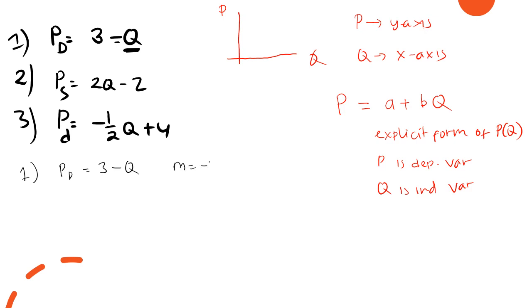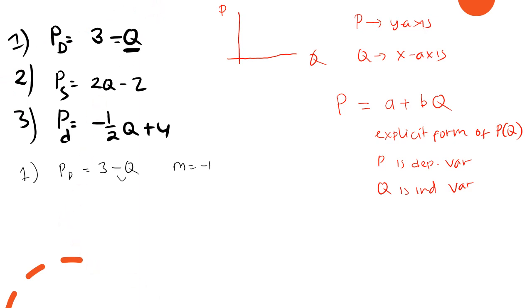Why? Because the coefficient next to the Q is -1. There is no number next to the Q, so it means that this is 1, and in front of the 1 is a minus, so the slope is -1.